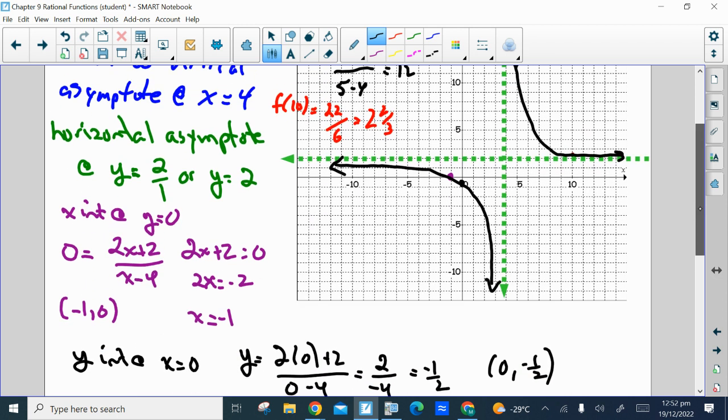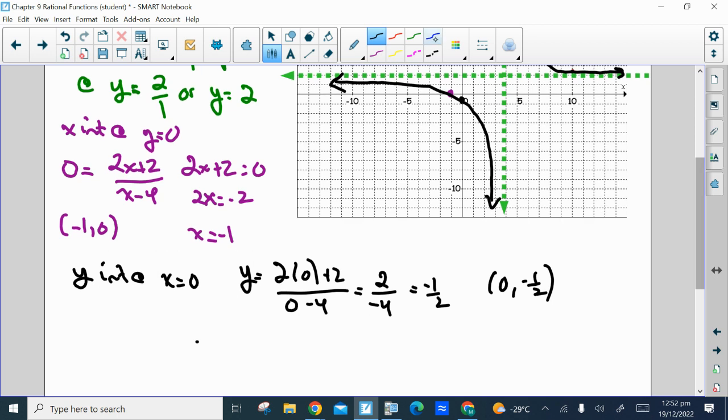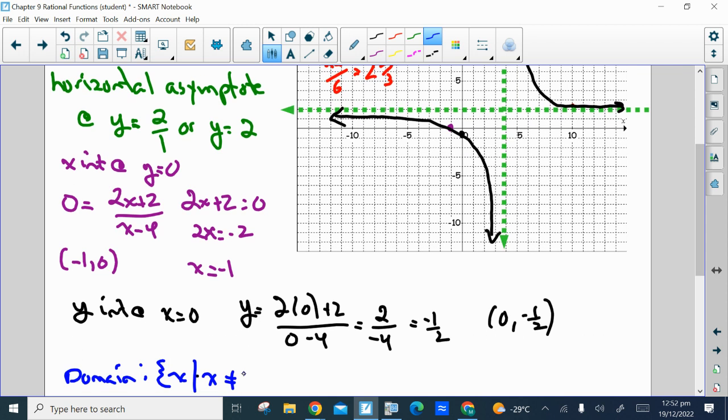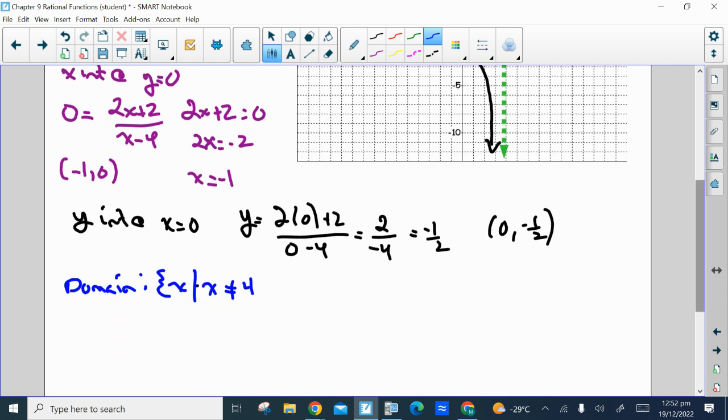Something like that. The domain of this would be all values of x such that x cannot equal 4. Otherwise, all real numbers.